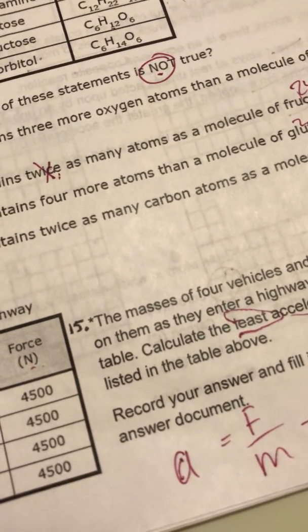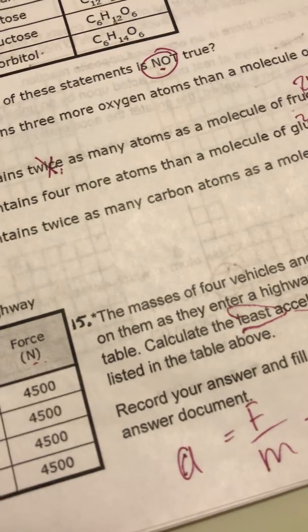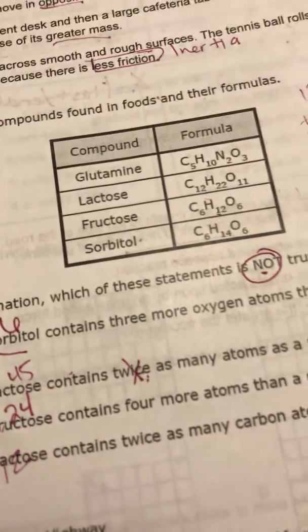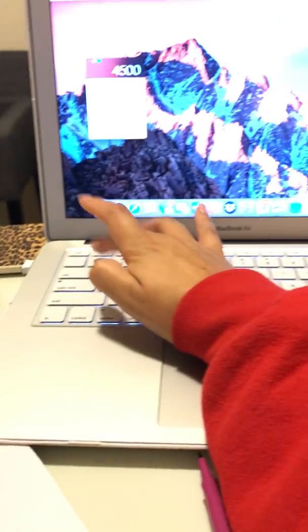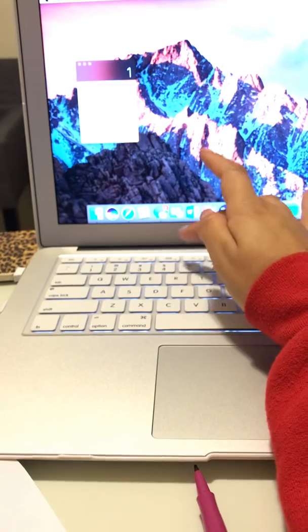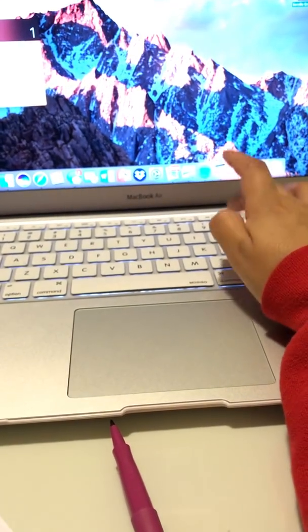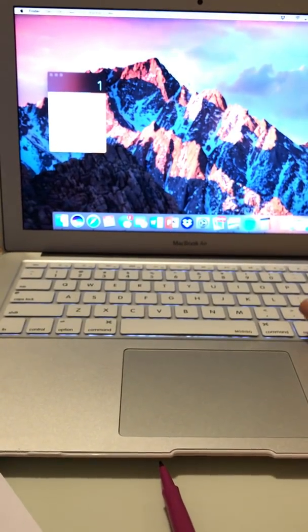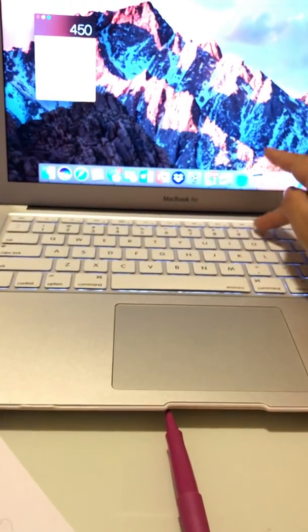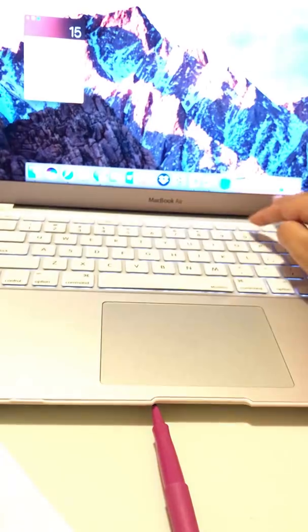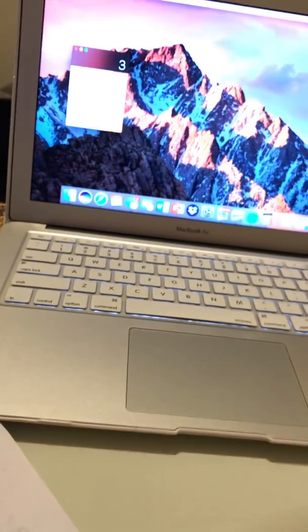Open calculator. 4,500 divided by 1,500 gives me 3.